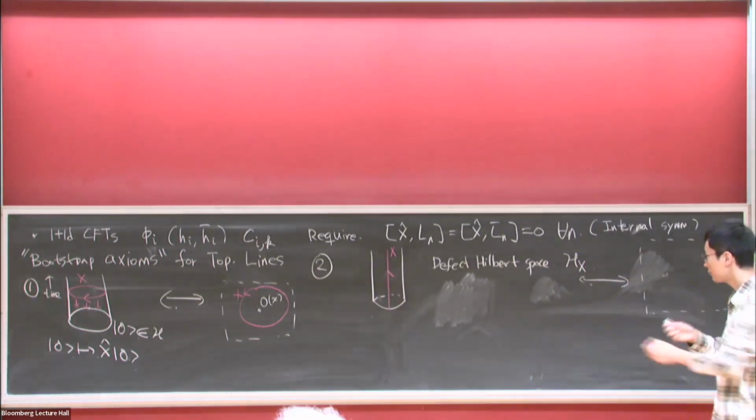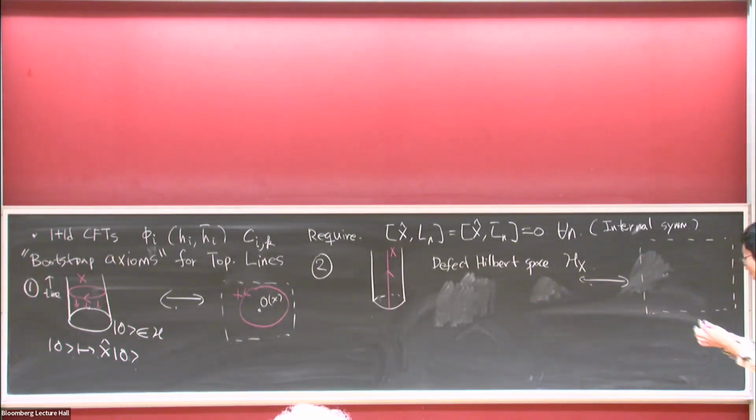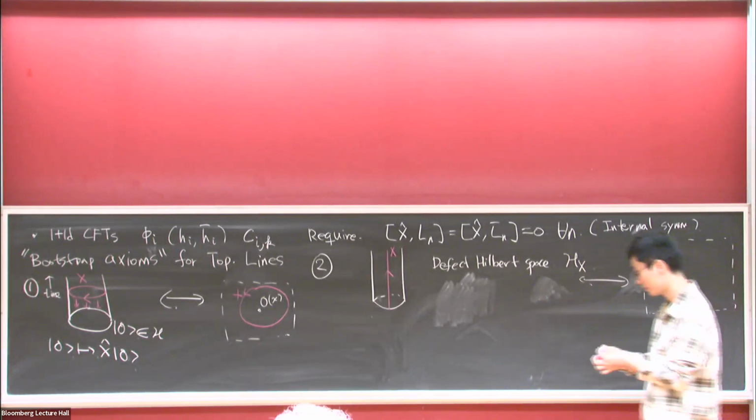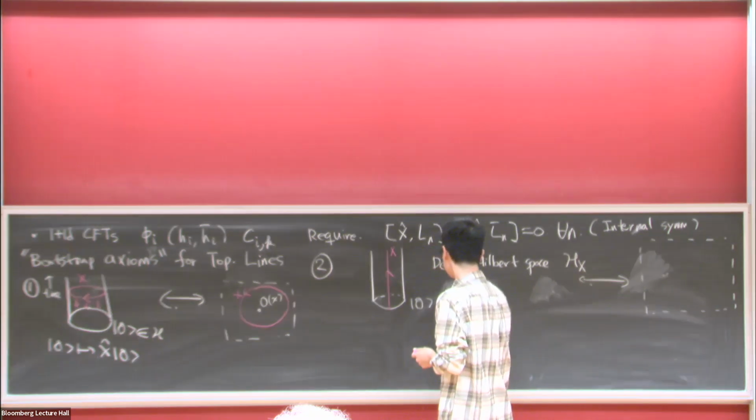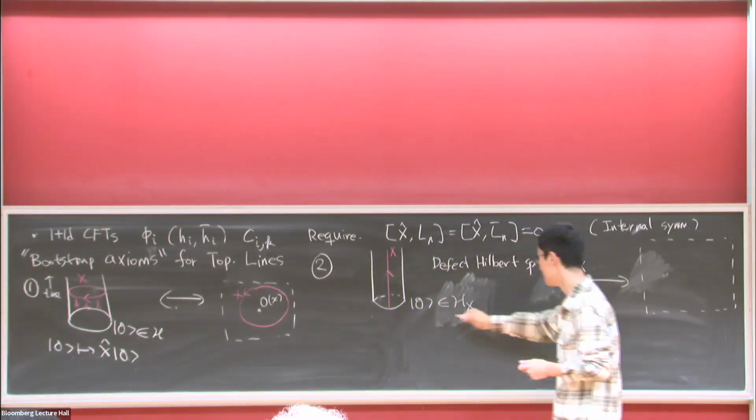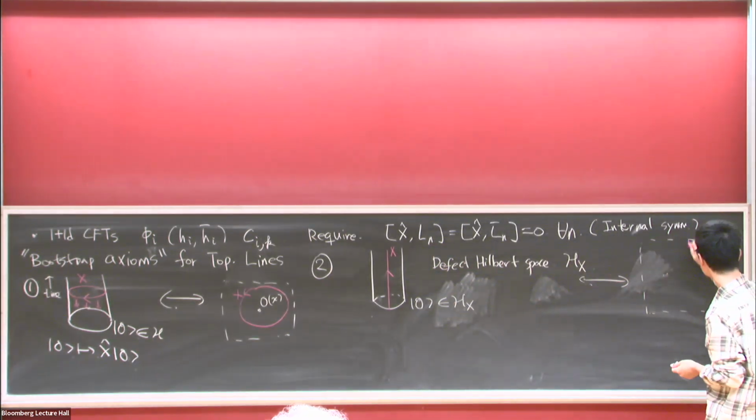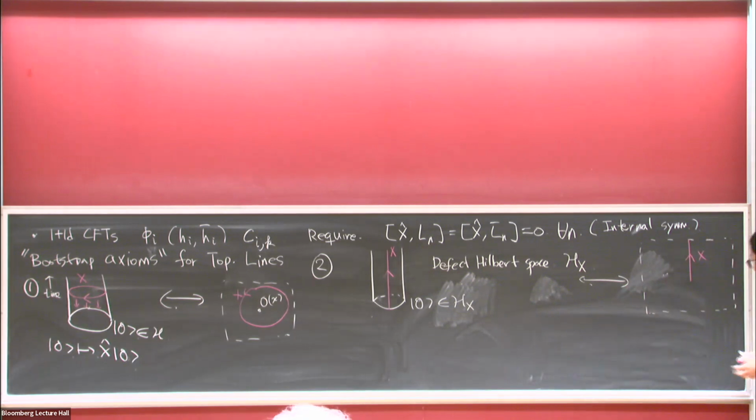Okay, if you do a state-operator correspondence, then states inside the defect Hilbert space will map to operators that are attached at the end of the topological line X on a plane.